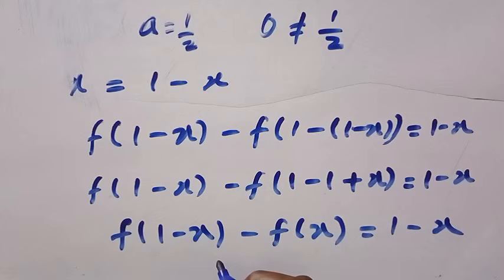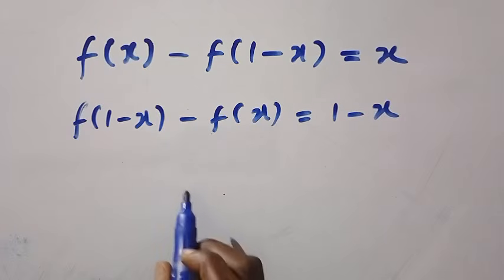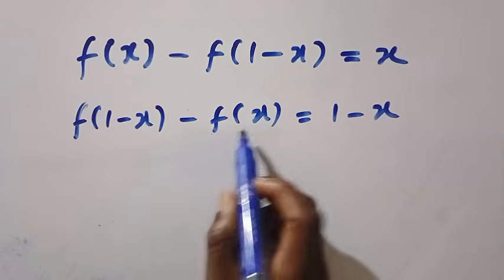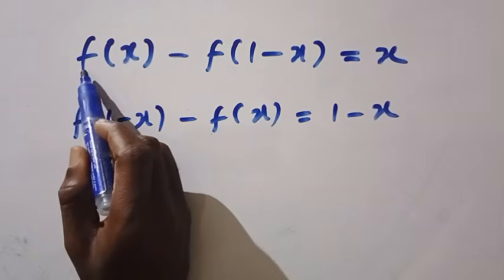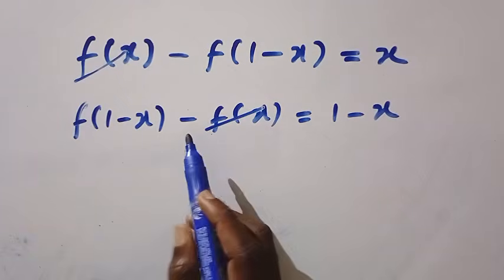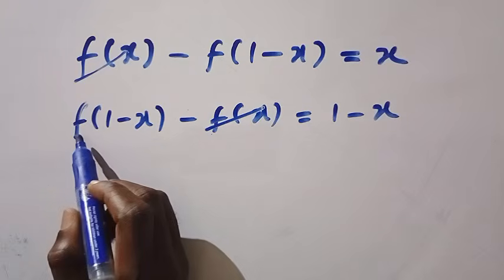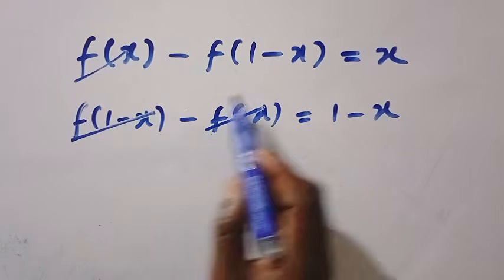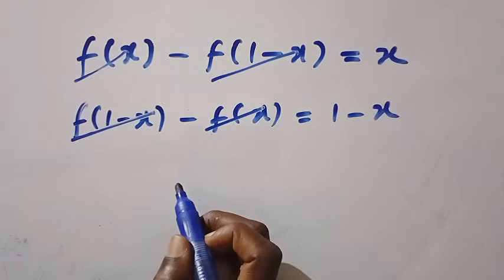So we have two sets of equations: from the first equation, and here is the second equation. Let's bring the two equations together and solve. Adding them, f of x cancels f of x, and f of 1 minus x cancels f of 1 minus x.